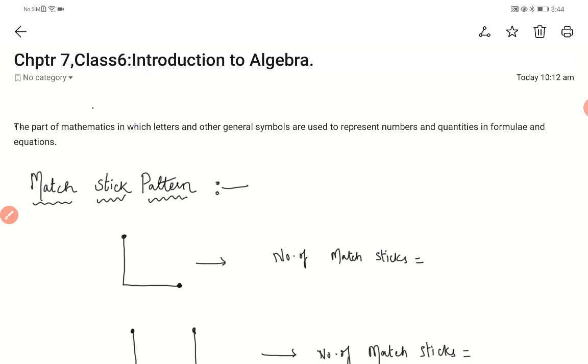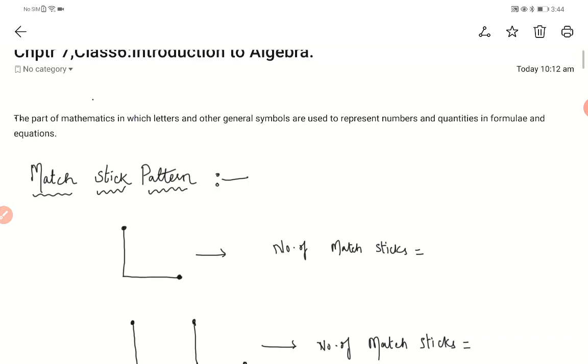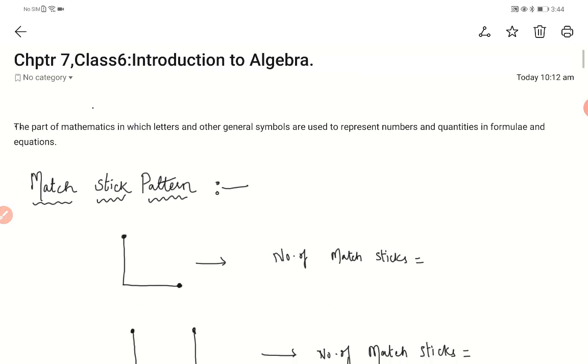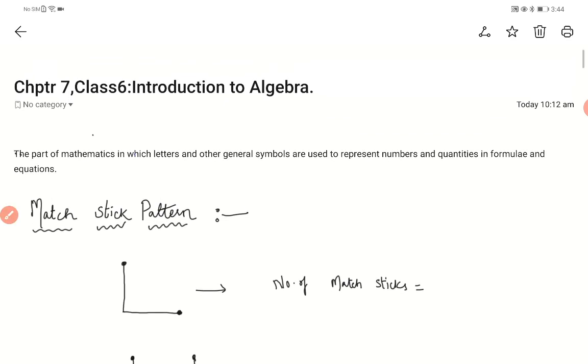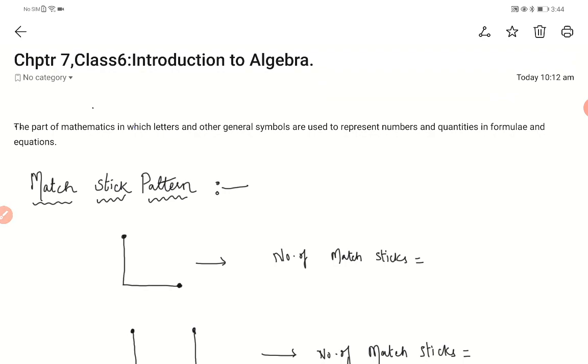What all have you studied? You had studied ratios and then percentages, right? Now today we are going to start with the new unit, which is called algebra.